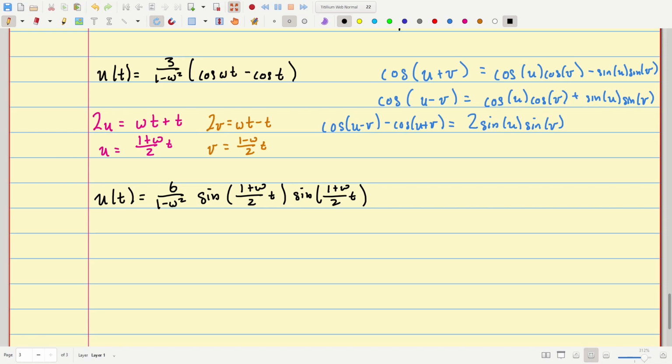So that's a lot of stuff going on here, right? The reason why we want to do such a thing is that now we have a value that we can plot.